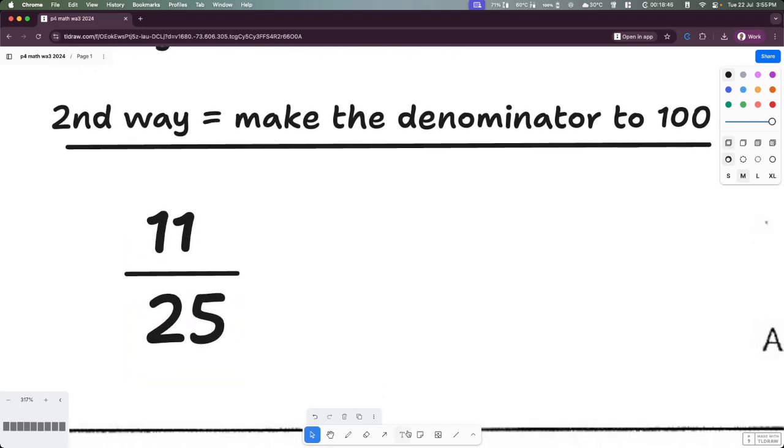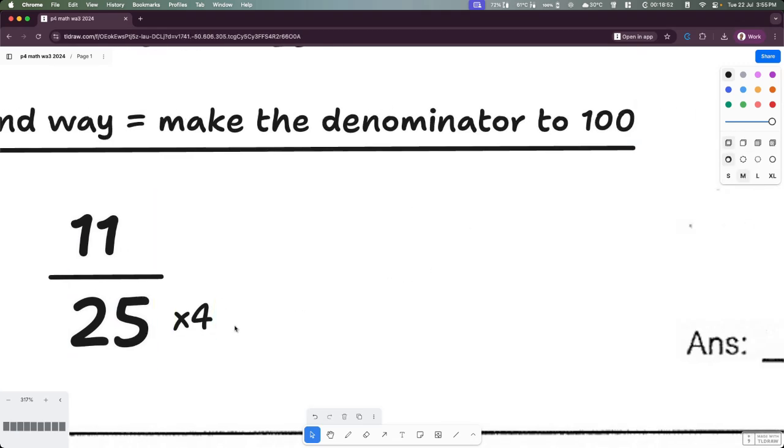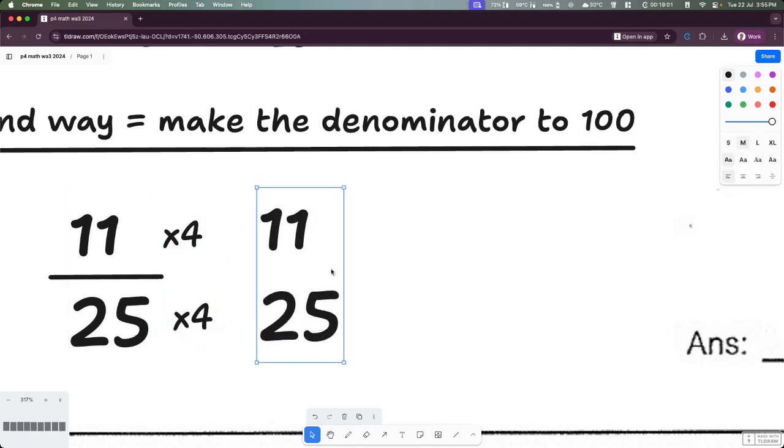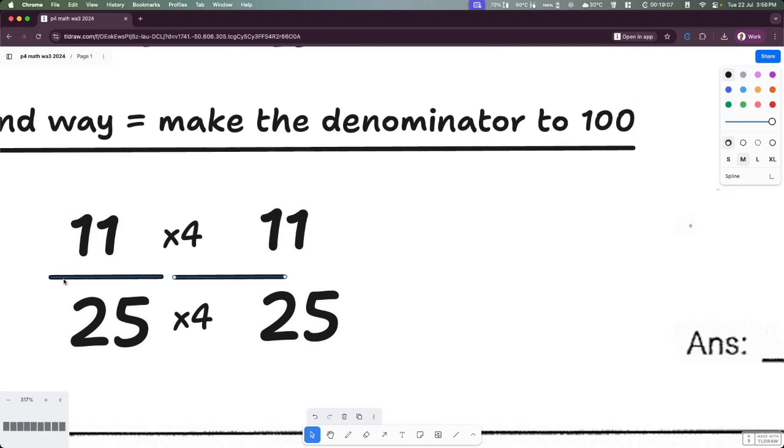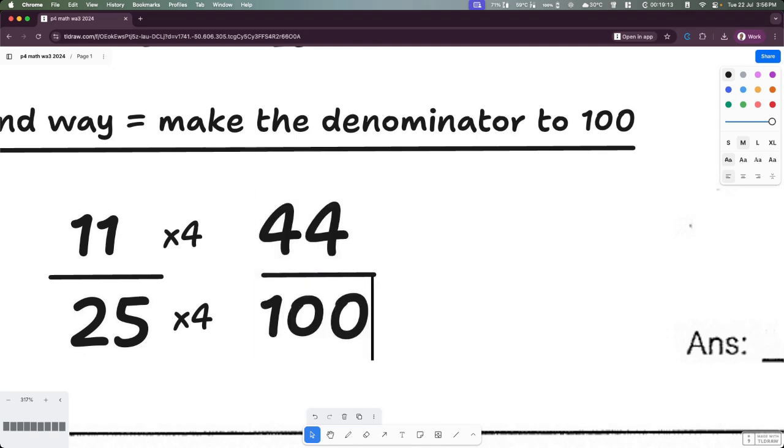We can just multiply by 4. Or you can just have 100 divided by 25, you multiply by 4, and therefore 11 times 4 will become 44, right? So we have 44 out of 100.